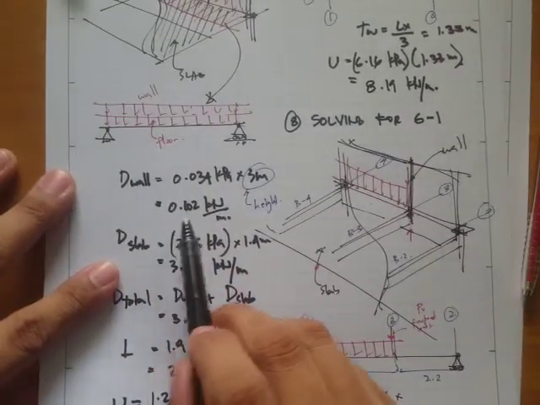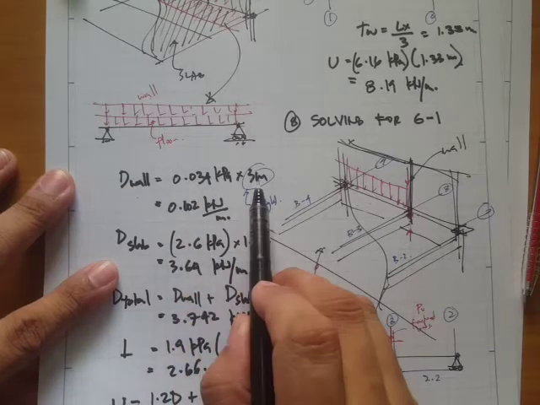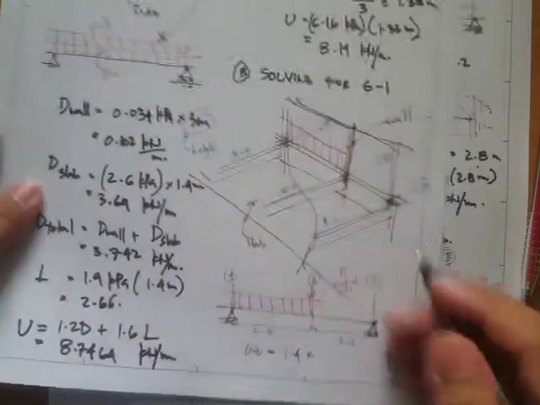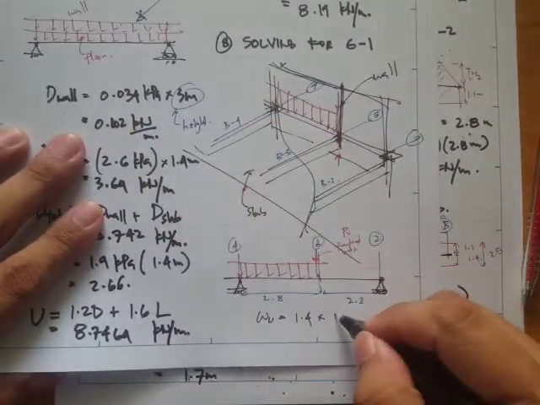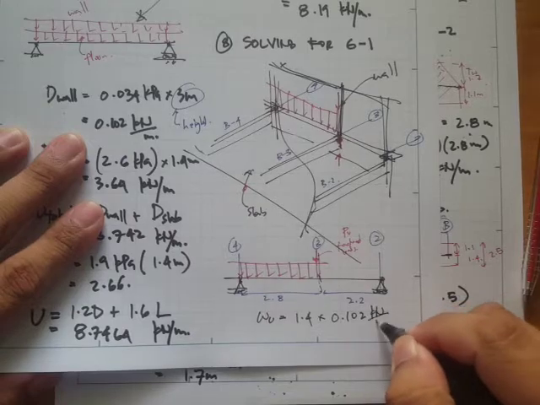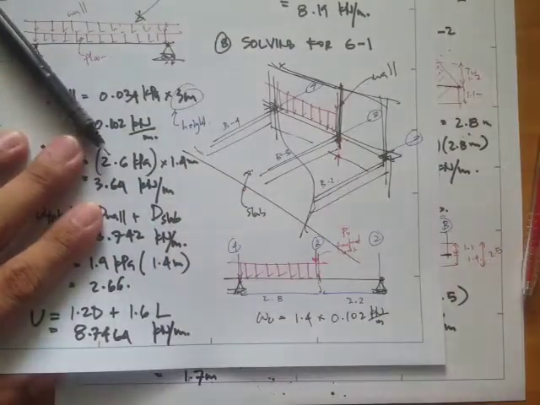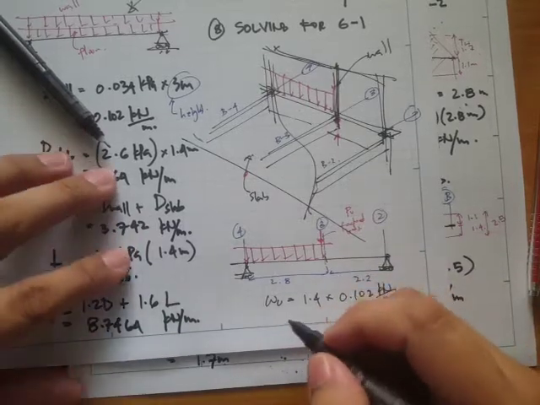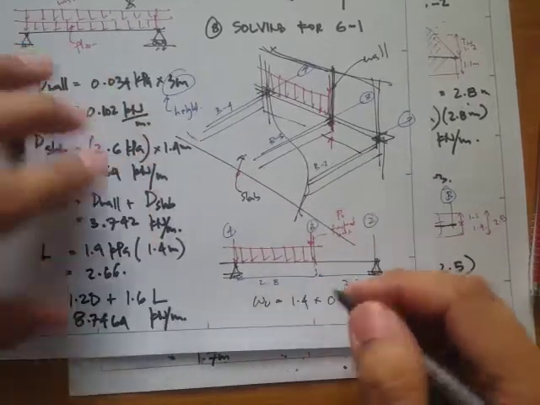We'll use this value. So we have 0.034 times 3 meters, that's the height. So we can substitute this value, in kilonewton per meter.